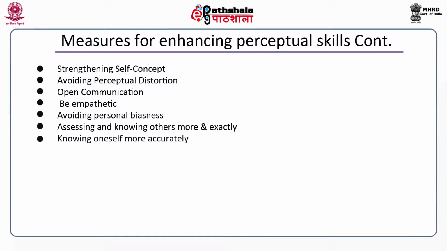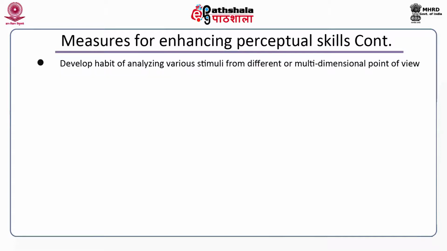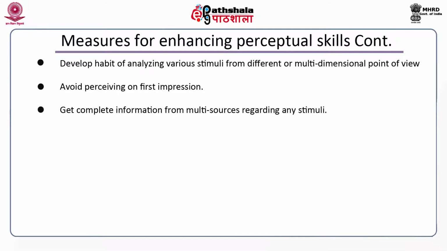Number 7, knowing oneself more accurately. Number 8, develop the habit of analyzing various stimuli from different or multidimensional points of view. Number 9, avoid perceiving on first impression. Number 10, get complete information from multiple sources regarding any stimuli.